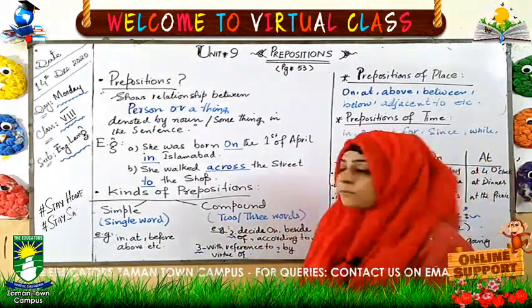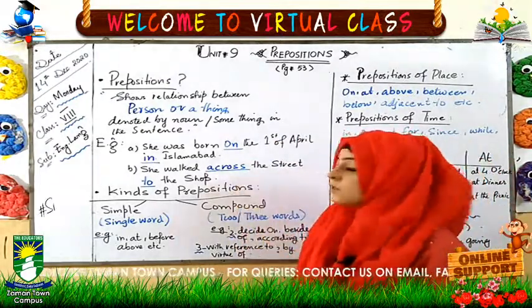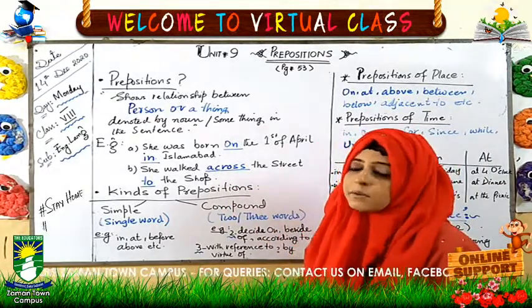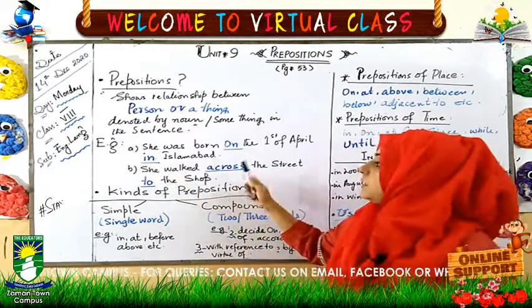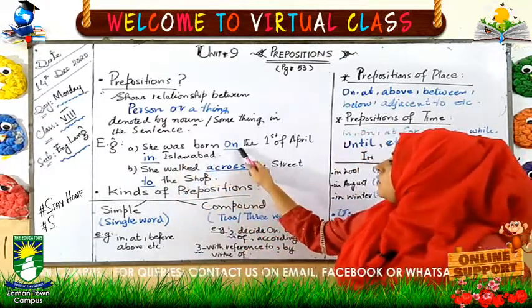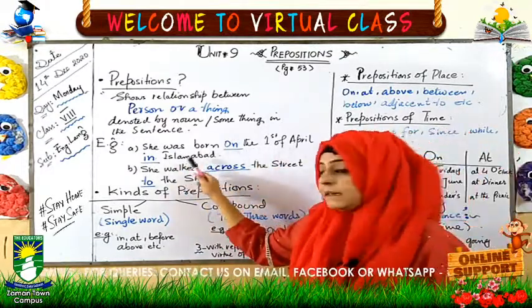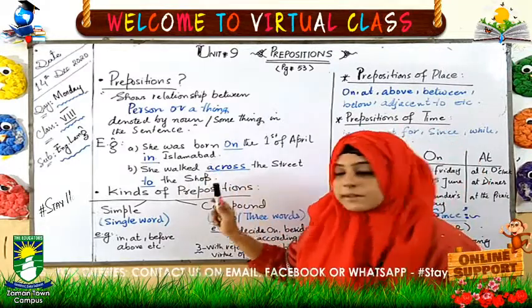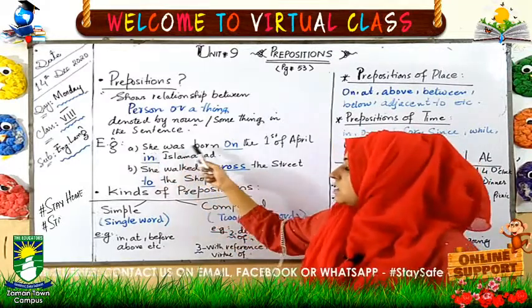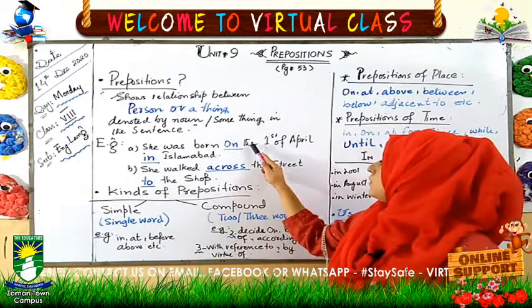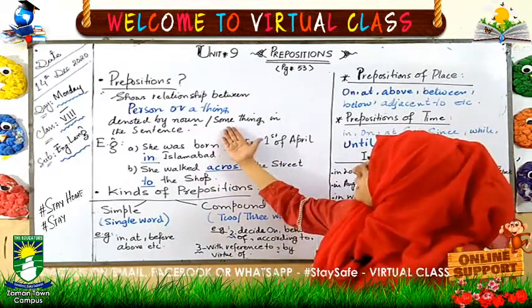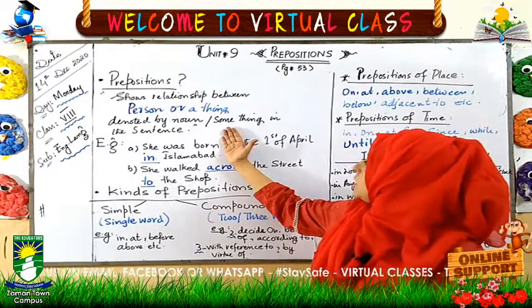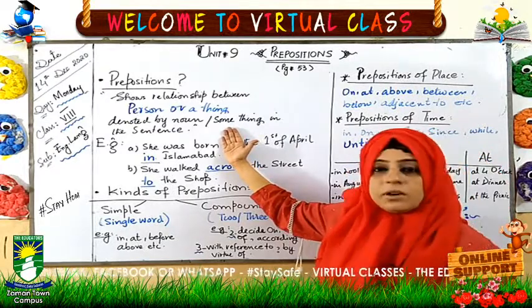Now we will have more examples so that your idea about prepositions becomes clearer. The first example I have mentioned here: she was born on the 1st of April in Islamabad, right? If I don't add any word here and say "she was the 1st of April," what's this?